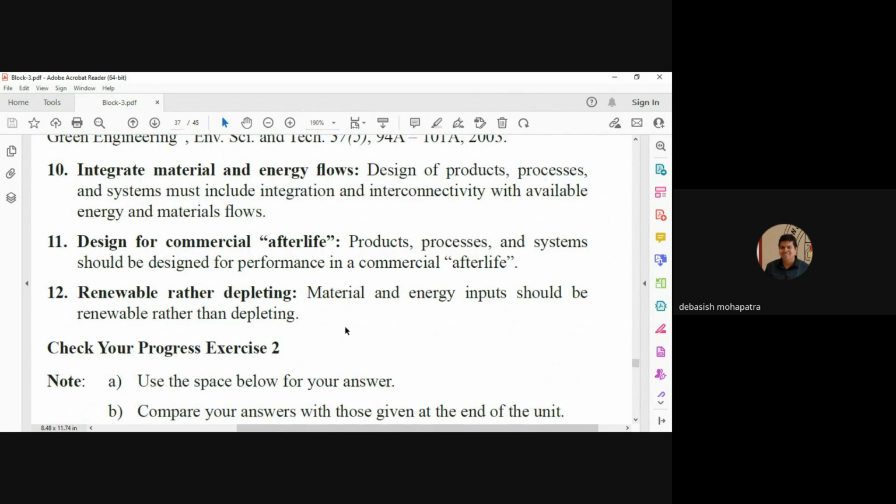Design for commercial afterlife. Products, processes, and systems should be designed for performance in a commercial afterlife. Then renewable rather than depleting. Material and energy inputs should be renewable rather than depleting. So all these 12 goals or conditions should be taken into consideration when we are considering green engineering.